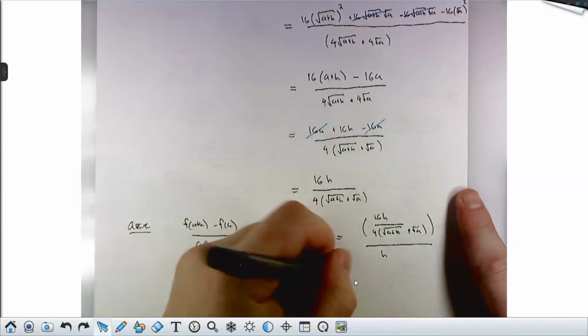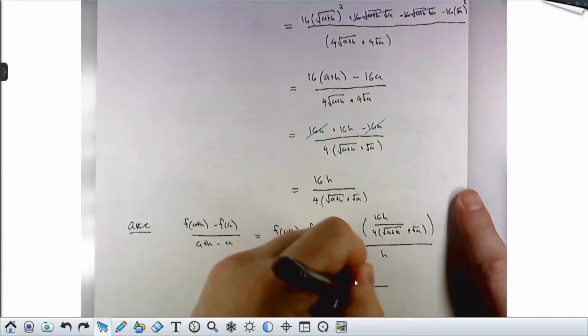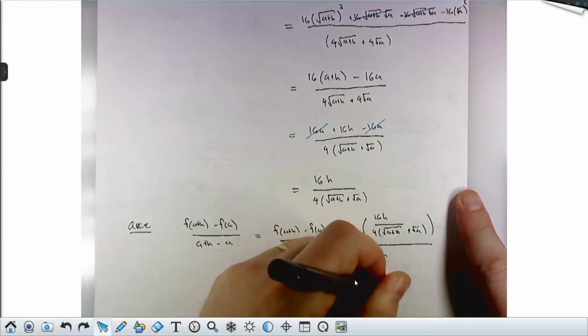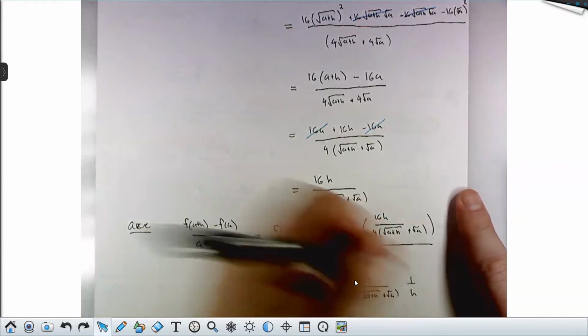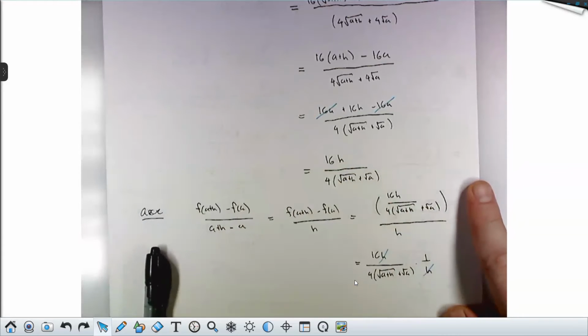And we can cancel the h. So if we write it like this, we can see that the h down here cancels with the h up here.